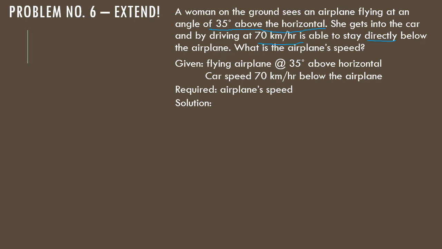Let's try to illustrate the given situation. So, this is the route of the plane, which is 35 degrees above the horizontal, and then this is the car na may speed na 70 km per hour.